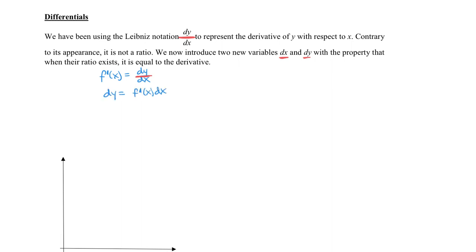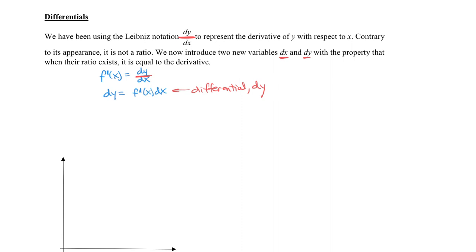All I did is treat this like a true fraction and multiply both sides by dx to get dy by itself, and have f prime of x dx. So dy equals f prime of x dx is called the differential dy. So the differential dy is defined as f prime of x dx.